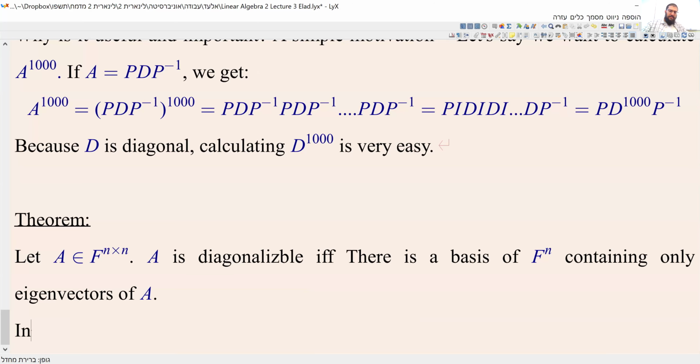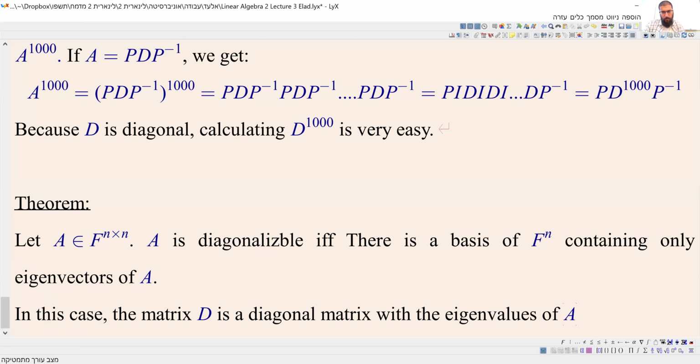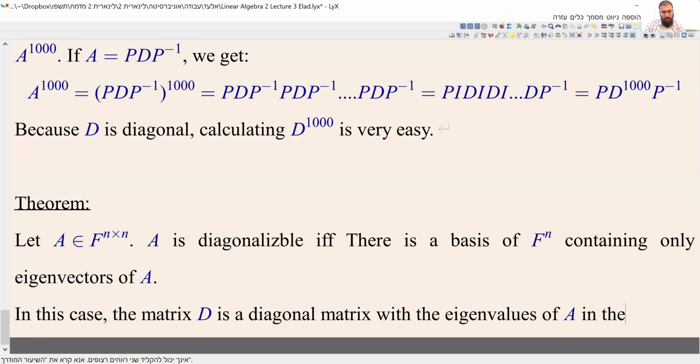In this case, that's for the second question, we want to find the D and P. Matrix D is the diagonal matrix with the eigenvalues of A in the diagonal.